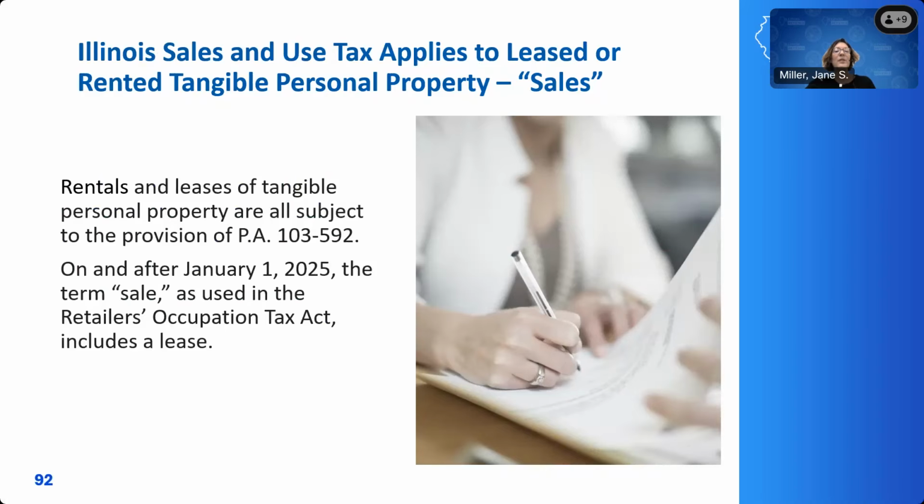Illinois sales and use tax applies to leased or rented tangible personal property. They're all subject to the provisions of Public Act 103-592. On and after January 1st, 2025, the term sale, as used in the Retailer's Occupation Tax Act, includes a lease.